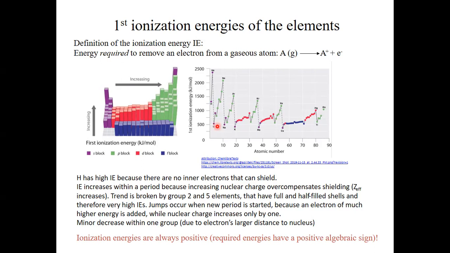It is therefore unusually hard to remove an electron from the full s subshell, because of which the first ionization energy for elements in group 2 is higher than the ionization energy in group 13. Not 3, 13. Sorry, mistake. It's the third main group, but the 13th group overall.